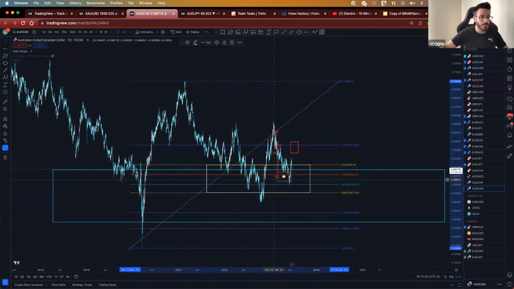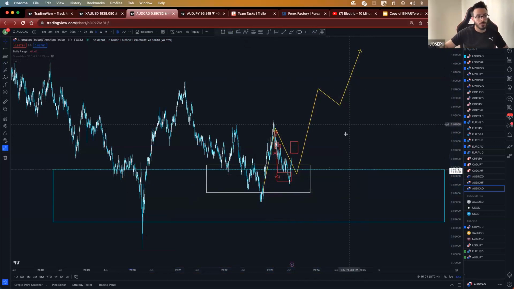So this correction area is gonna help me to go up with the market like this. And that's how we work with the SK system.